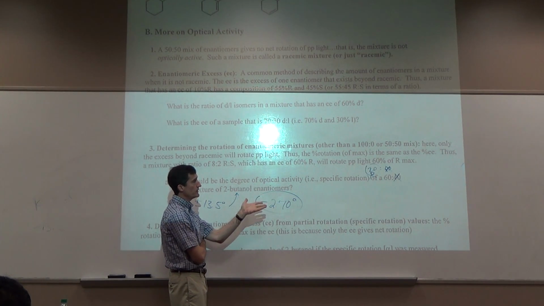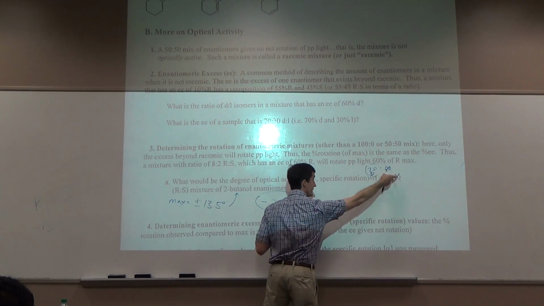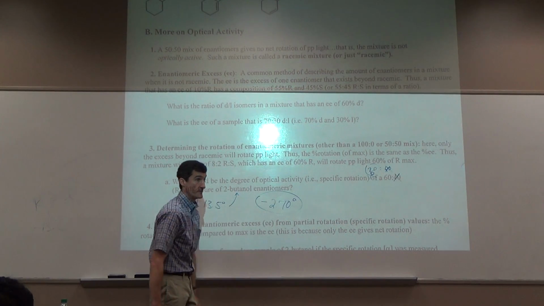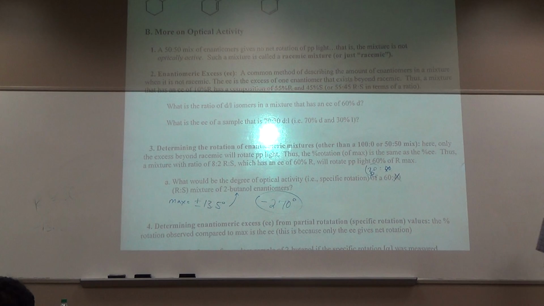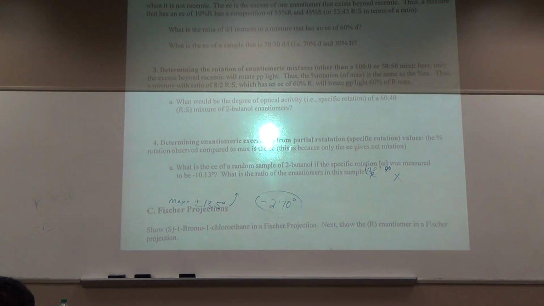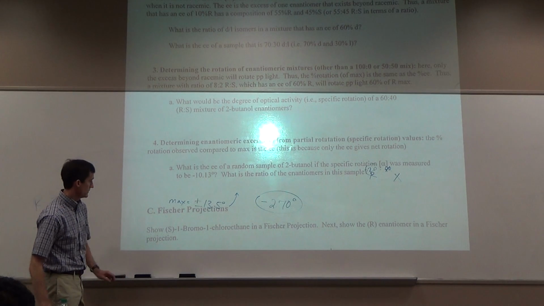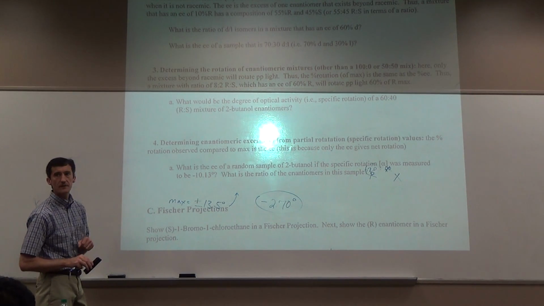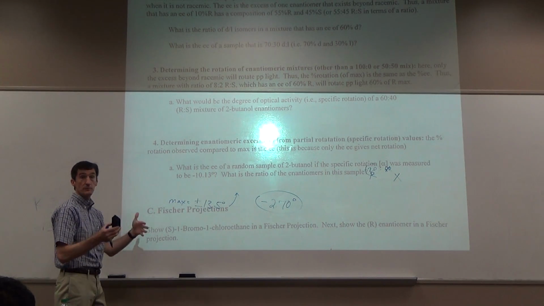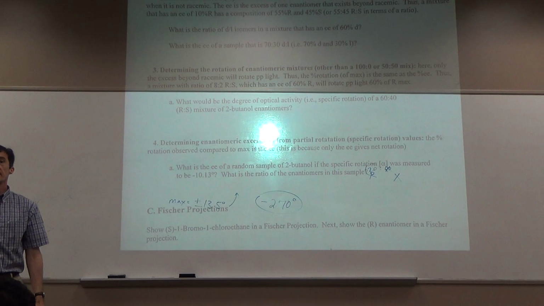Now, if you were doing the experiment, you would start by determining this number. Then you would work backwards and get to that ratio. How do you work backwards? I think the next question works backwards. This is what you'll be doing in lab, because again, maybe I got a mixture of enantiomers.